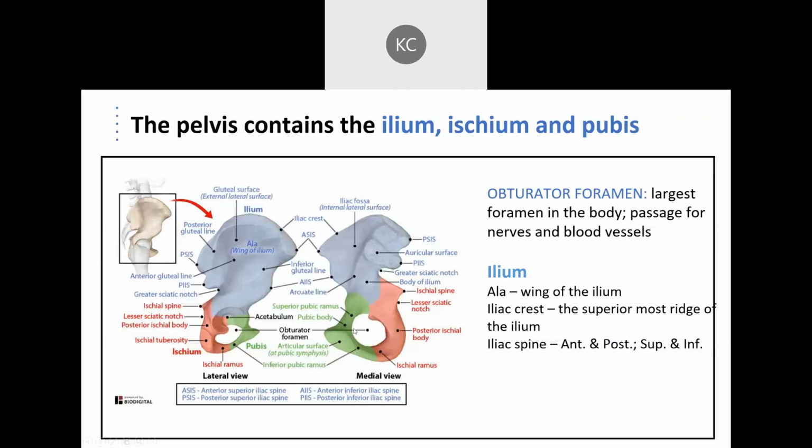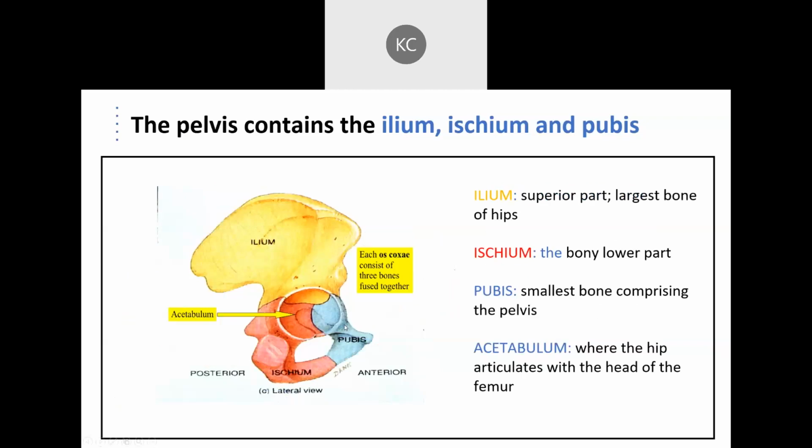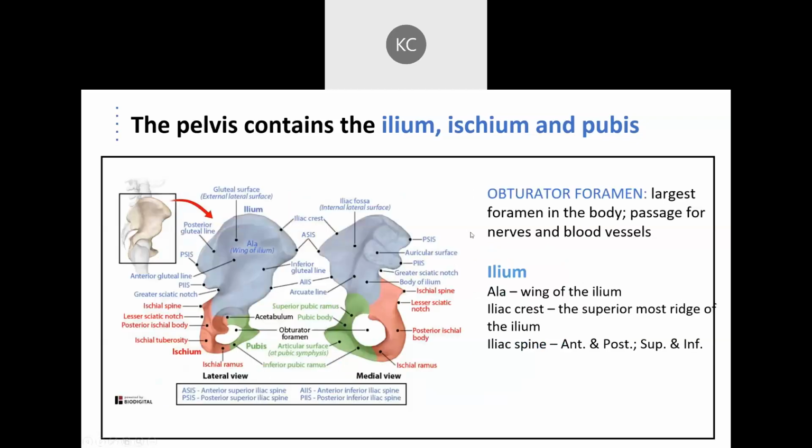You also have this large opening here, and this large opening is formed in part by the fusion of these three bones. So if we go back here, you can see the ilium, you can see the ischium, and the pubis. So largely from the pubis and ischium you have this cavity, and this cavity is known as the obturator foramen.